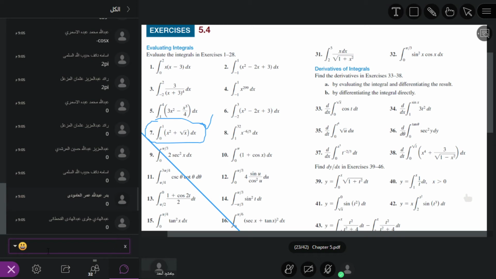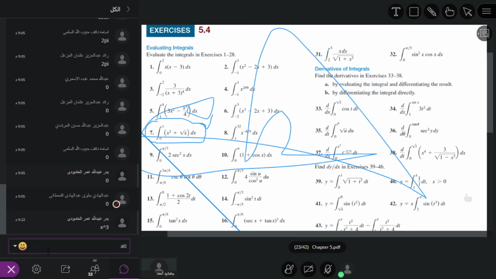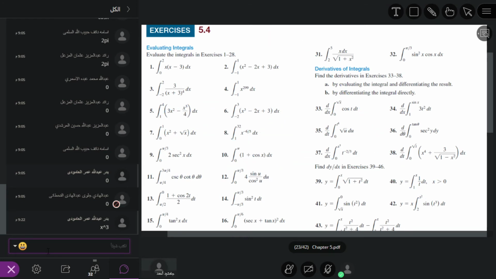Student, are you here? A little bit. X to the power, we increase 1 in the power and divide by the whole power. So what is the antiderivative of x squared here?